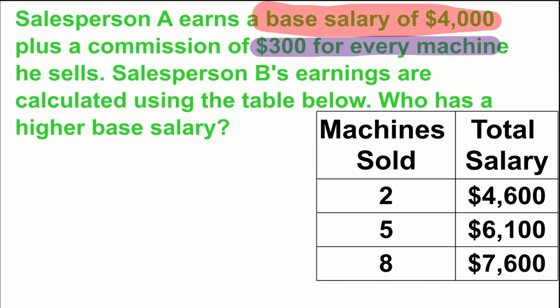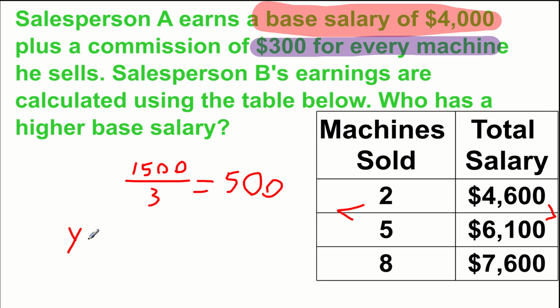Okay. So to get the y-intercept, we got to find the slope first, right? Our change in y right there is 1,500. Our change in x right there is going up by 3. That makes salesperson B earning $500 per machine. So per machine, B is higher, but again, that's not what we need. So we got to keep going.